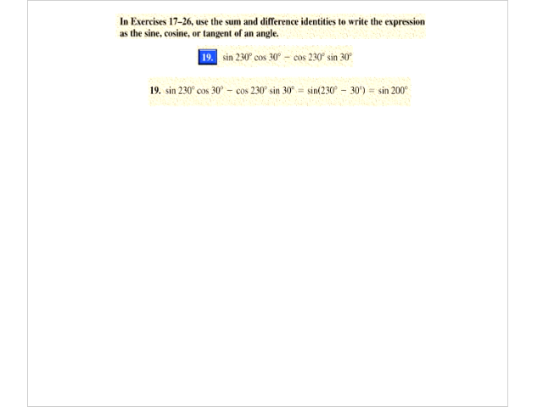We can also work backwards to try to figure out what sine will be. Here we're given the formula. We need to decide which trig function it's talking about. Looking at the formula, because it uses sine, cosine, cosine, sine, I know that it's talking about sine of something. And it's comparing 230 degrees and 30 degrees.